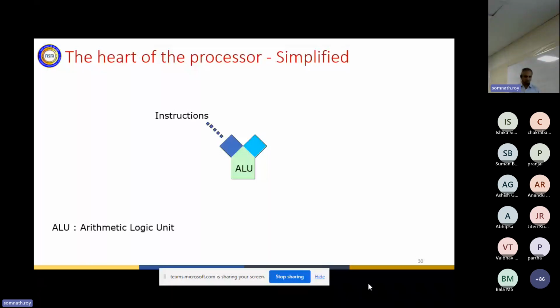The instructions are entering, and every instruction has its data. Suppose the instruction is add a comma b, and add enters from here. The data is in registers A and B, and you get the result. That is the addition of two numbers. So if A contains 2 and B contains 2, the result is 4. That is the basic way.